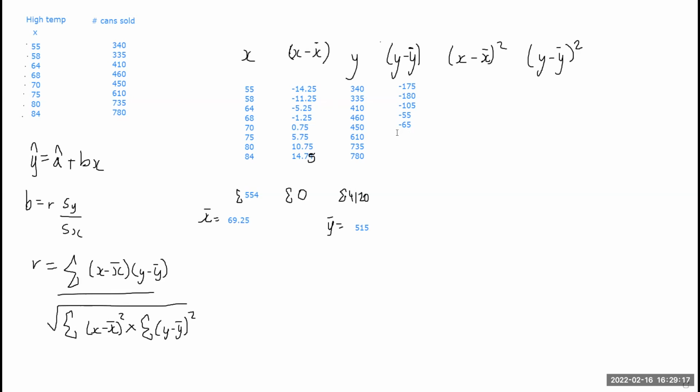And notice the sum of that is 0. Before I even continue, I just check it and make sure it's 0. If you were to plug in 0 in a numerator, what's going to happen to R? Also be 0. What is this going to tell you? That means there's no correlation. No correlation. Very good.